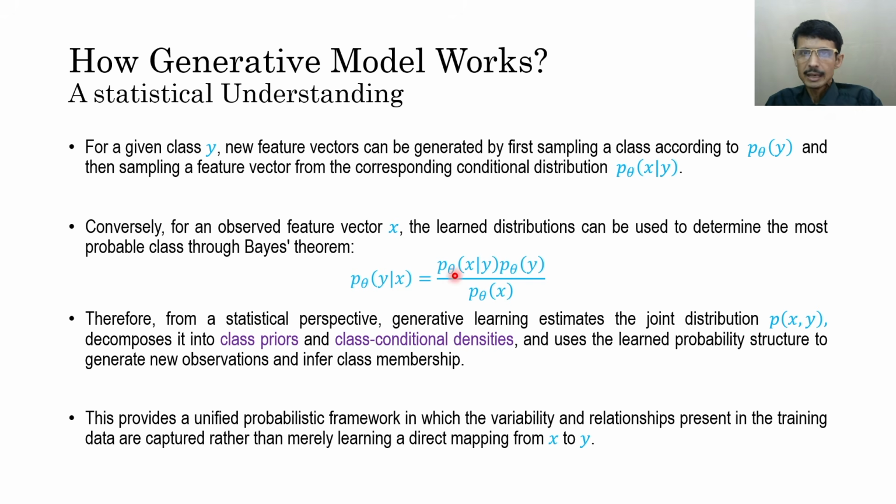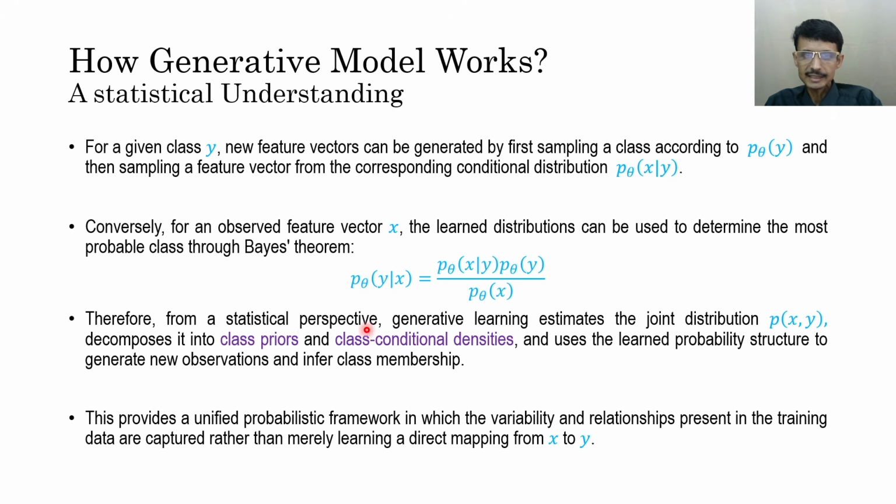We can easily do that with p theta x given y times p theta y, divided by the evidence, that is, the sample space we are being given.